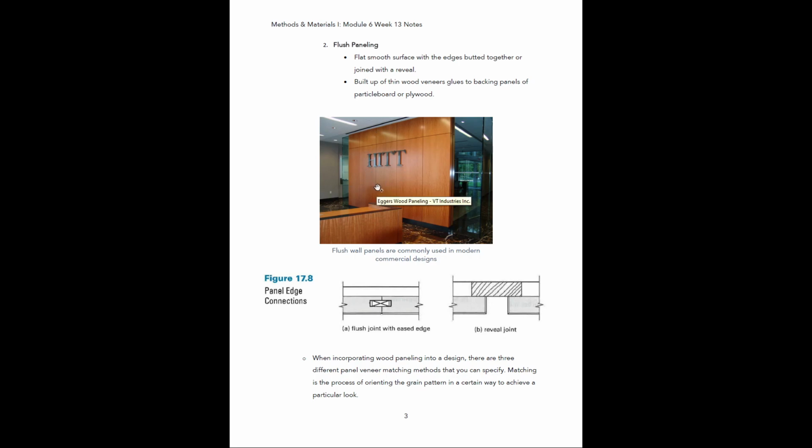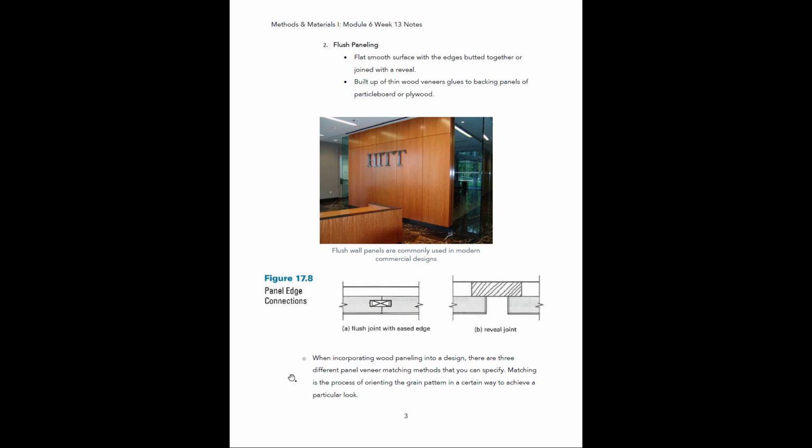So in cases like this, you could specify a wood veneer of maybe a fancier type of wood, and then that veneer gets installed over top of a substrate. Maybe the substrate is MDF or a particle board, or it could be plywood as well, and then those entire panels are installed.